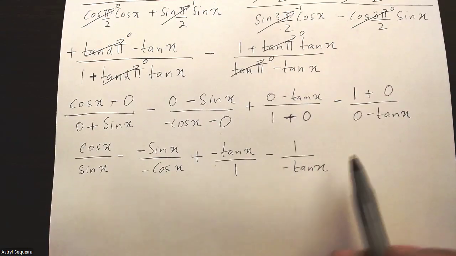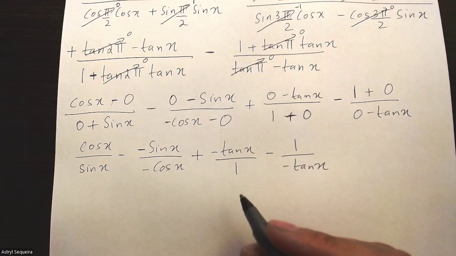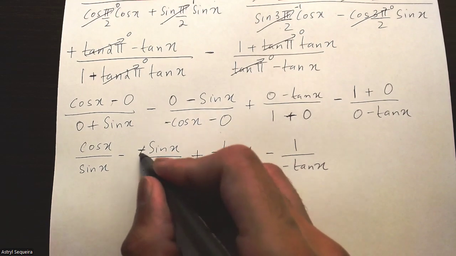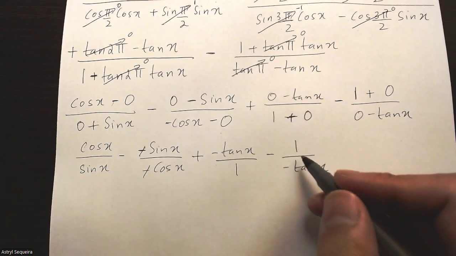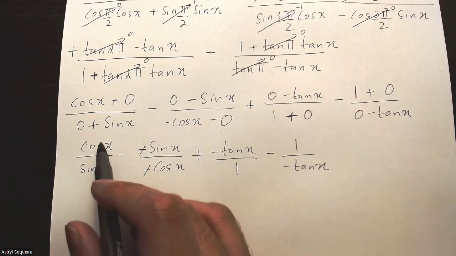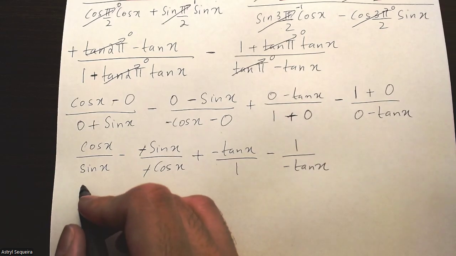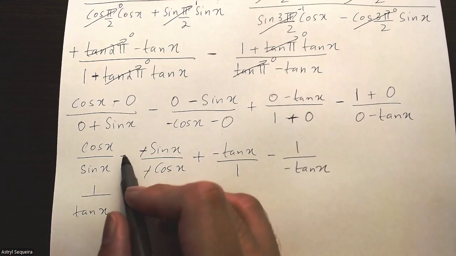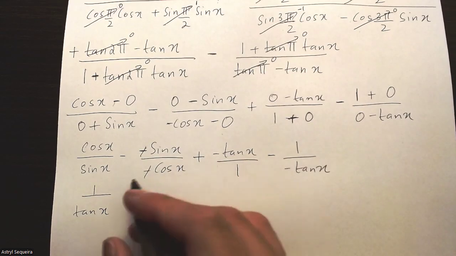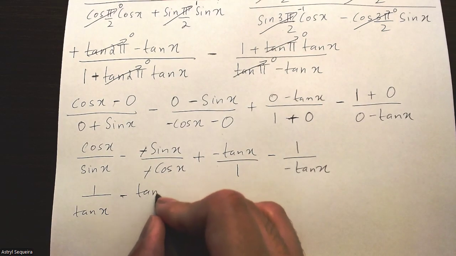Next, I'm just going to get rid of all my negatives and turn everything into tans for now. So cos over sine is just 1 over tan x, basically cot x, minus sine over cos is just tan x.